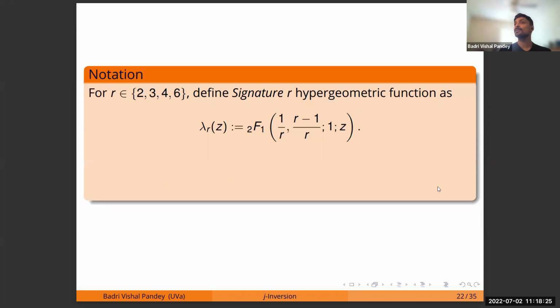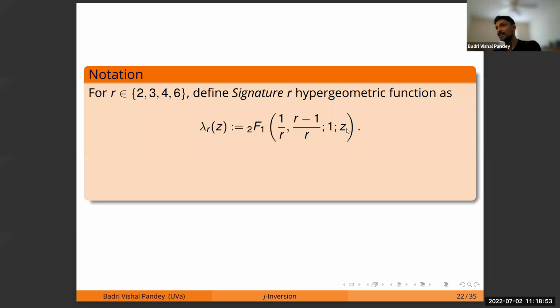At this point, I would like to tell you what the signature means. A hypergeometric function of signature R is the following: lambda sub R of z is the shorthand for 2F1 of 1 upon R, R minus 1 upon R, 1, and z. So for example, when R is equal to 4, it's going to be 1 upon 4, 4 minus 1, which is 3 upon 4, and then 1 and z.